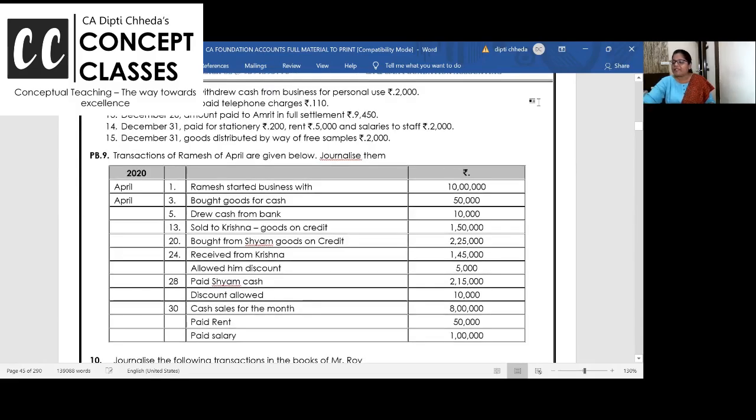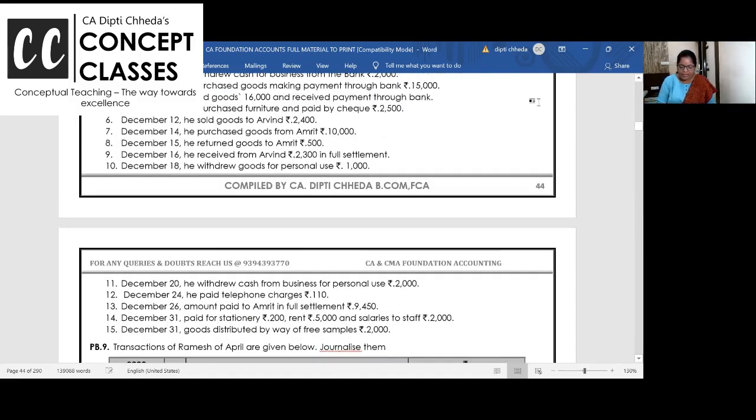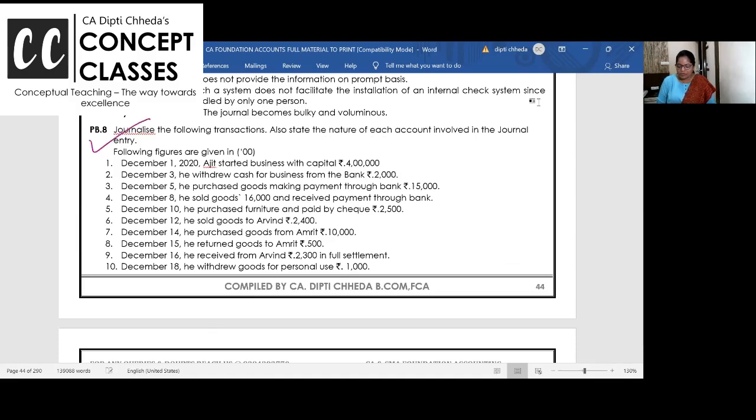Direct also we can pass the journal entries. Shall we pass the journal entries directly? Okay, we will take up the 8th problem now. Journalize the following transactions. Also state the nature of each account involved in the journal entry.